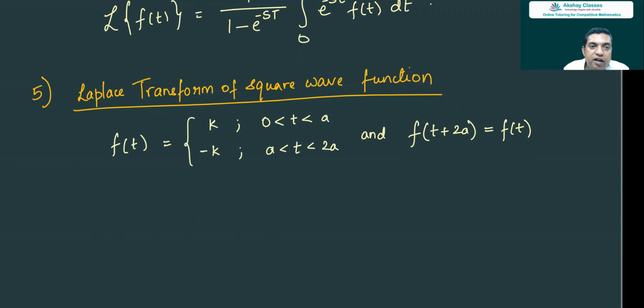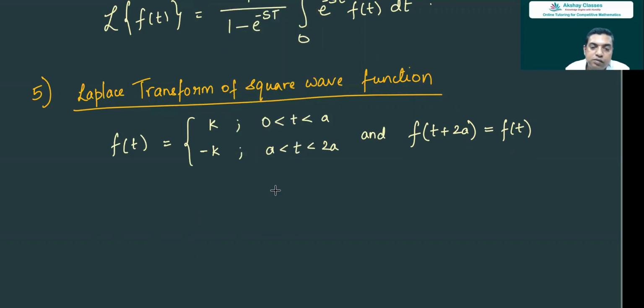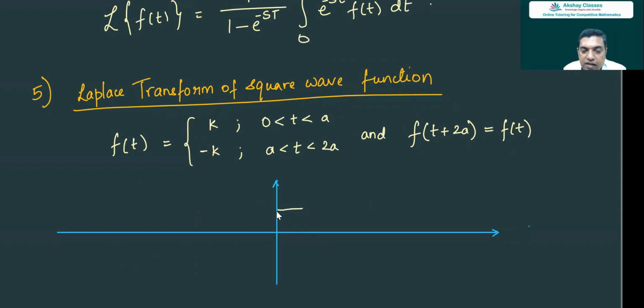So the graph of this function will be like this. This is k, and then it is minus k.